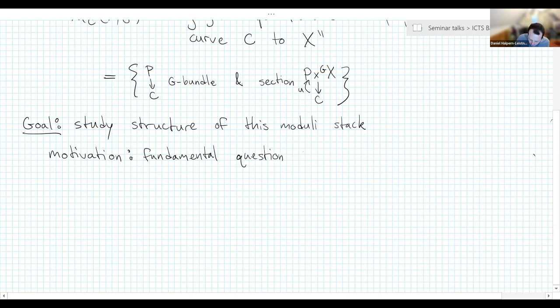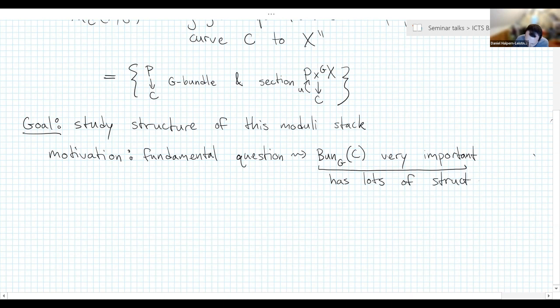Bun-G, which I'll explain, the moduli of vector bundles over a curve, is obviously very important in many branches of mathematics and in physics, and this has a beautiful structure, which I'll recall in a second.